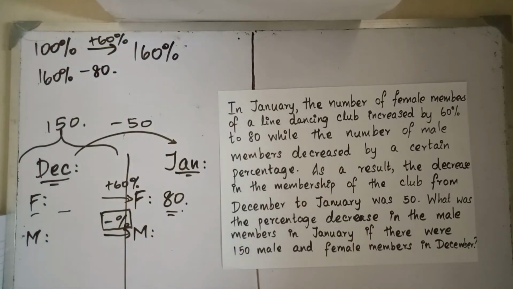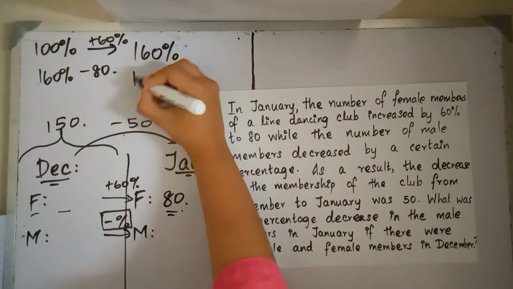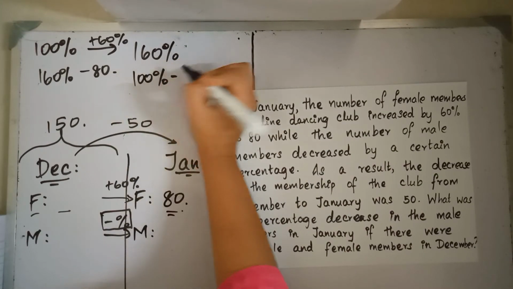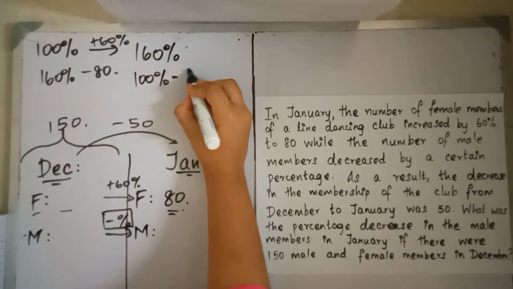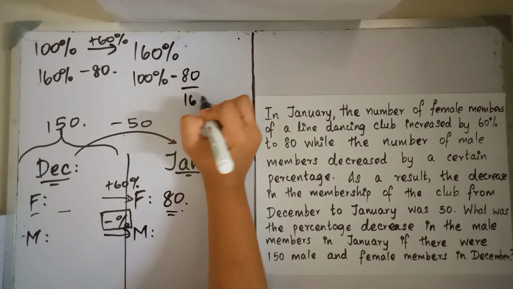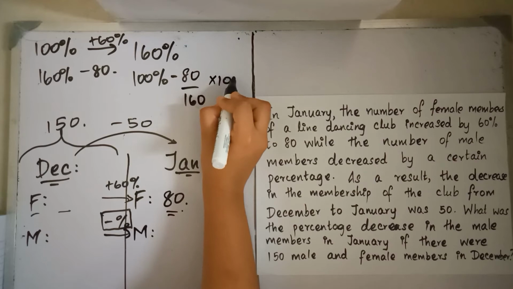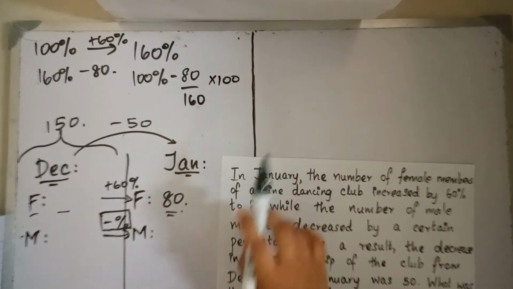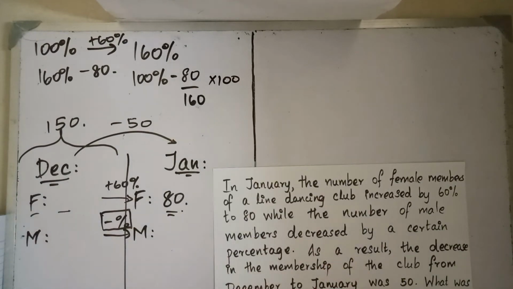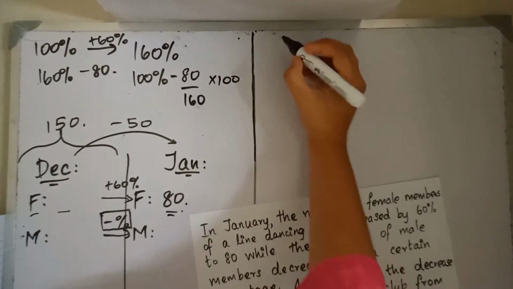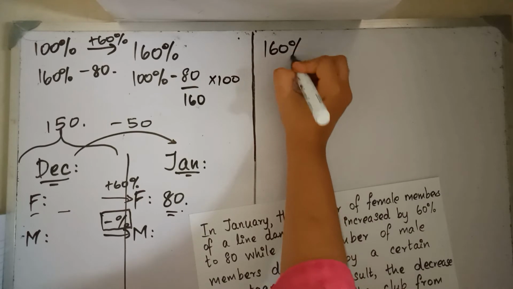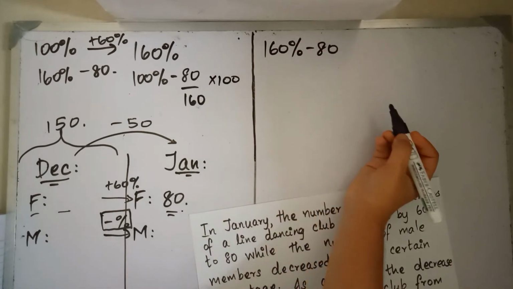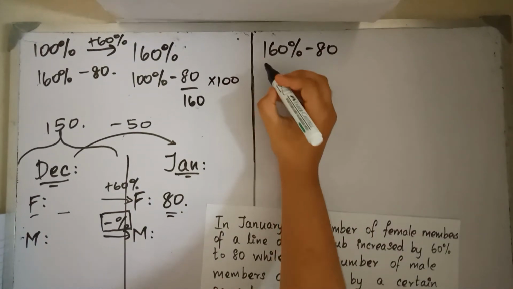So how do we find out 100%? 100% can be found out as 80 by 160 into 100. Now if you have a doubt in this, I'll explain this. So look, we know that 160% is equal to 80. How do we usually go about it?